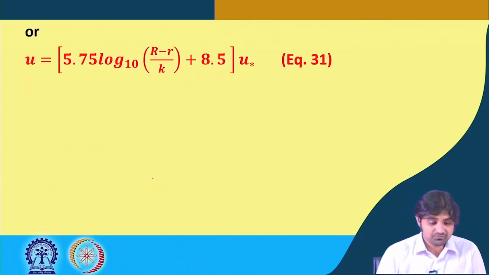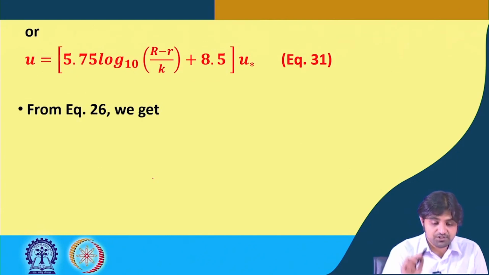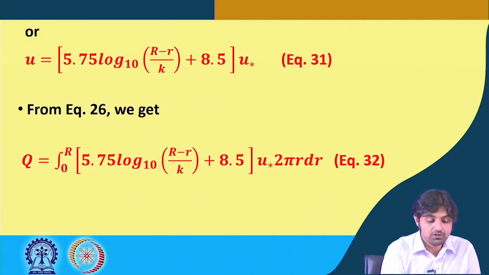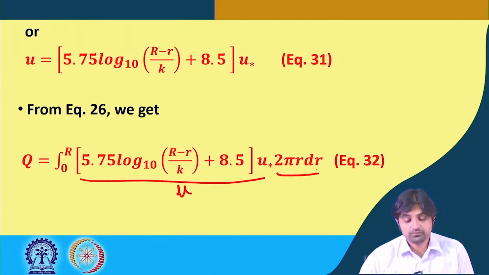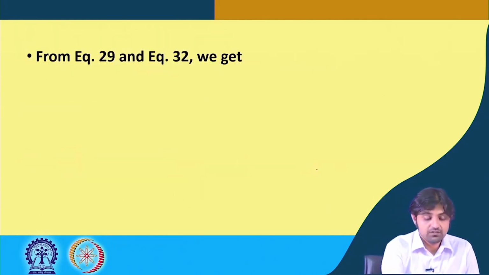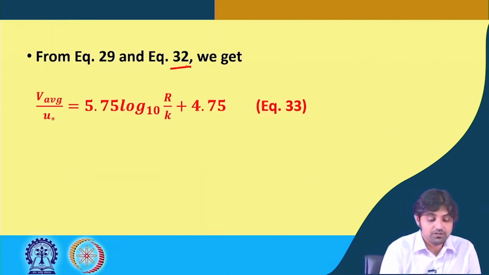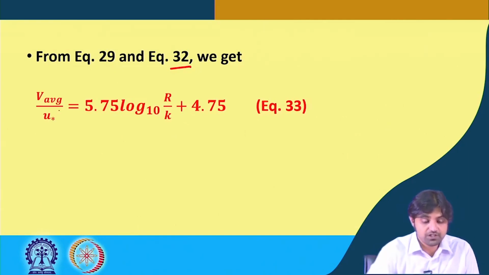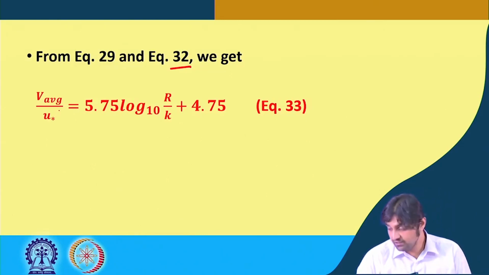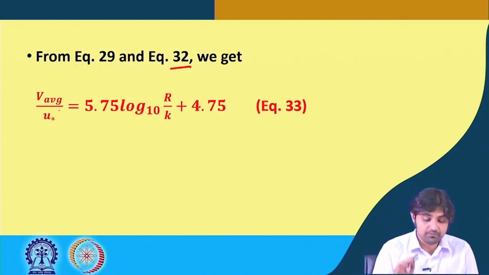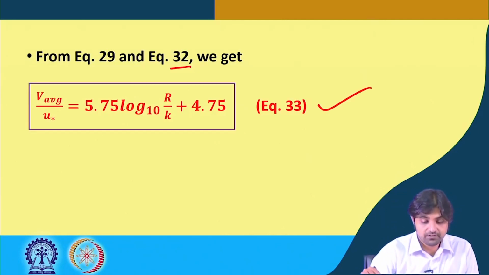We took u star to that side and substituted this u in the equation for q. So, we integrate it from 0 to r, this is u into 2 pi r dr, and using equation 32, we will get a similar equation, V average by u star is equal to 5.75 log to the base 10 r by k plus 4.75.